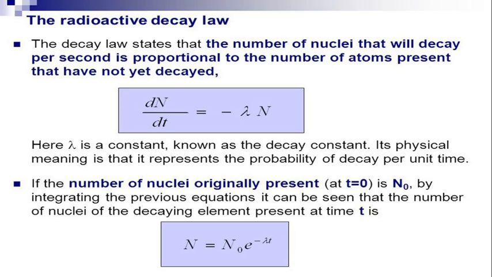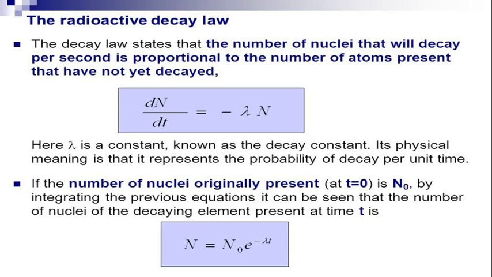So, if a radioactive sample contains capital N nuclei at a given instant, we can find the rate of decay, that is, the number of nuclei is decreasing with the time.